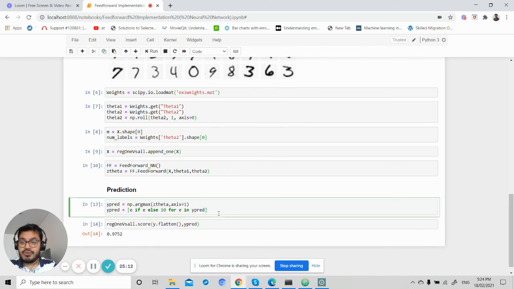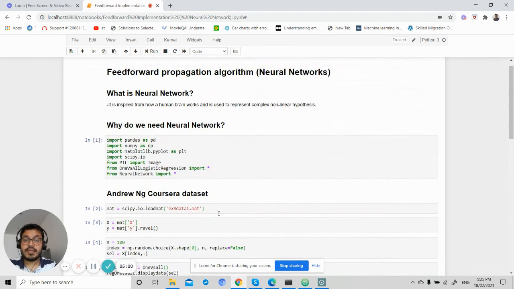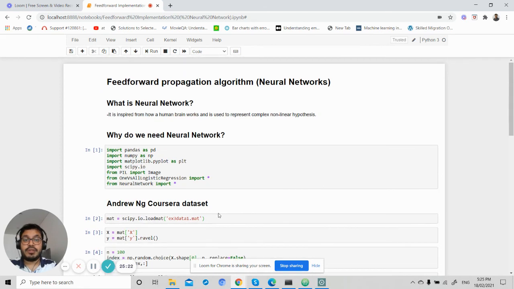So why did we use a neural network instead of multi-class classification? The neural network is designed to handle non-linear complex hypotheses. For logistic regression, if our output is binary classification, or we have three classes, then we go for logistic regression.